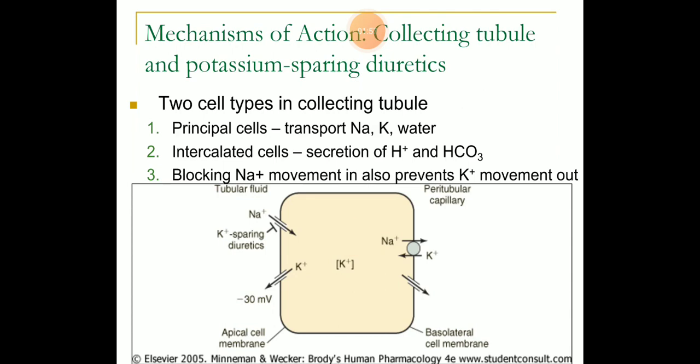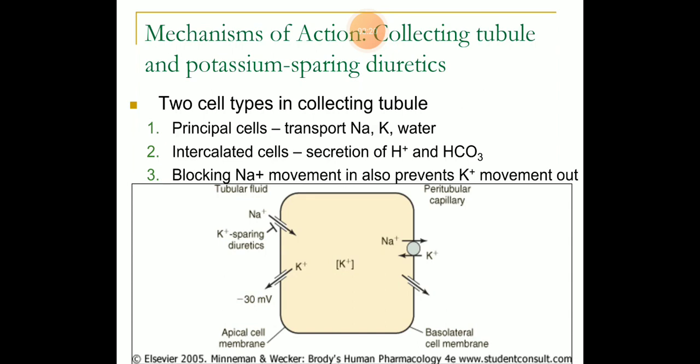So, this will drive the passive paracellular chlorine diffusion into the interstitium, and therefore the potassium efflux from the principal cell takes place. So, the sodium absorption at this site is controlled to a large extent by aldosterone.